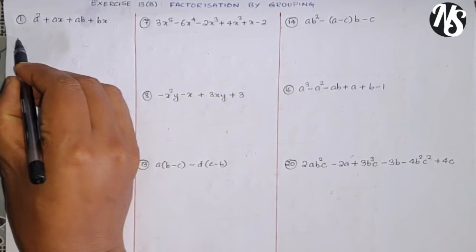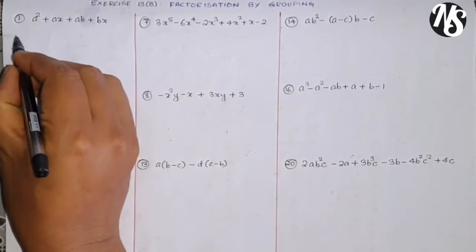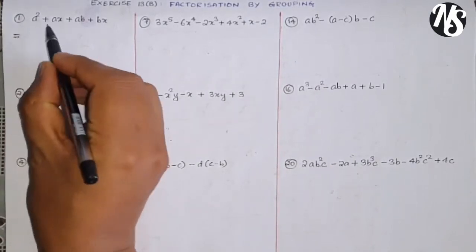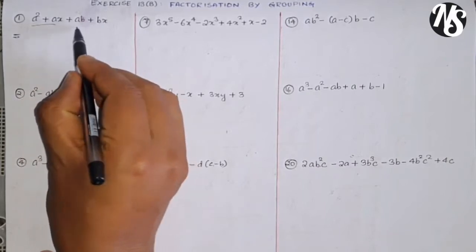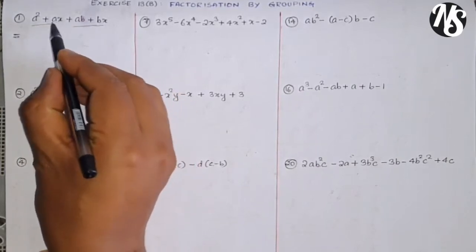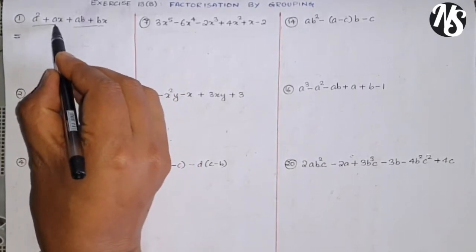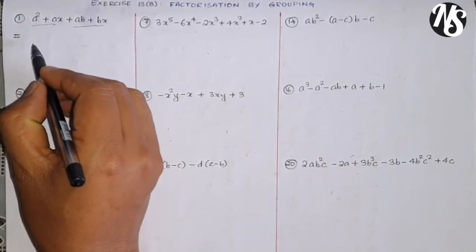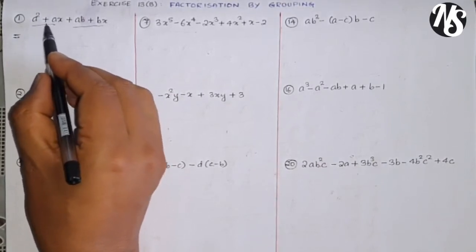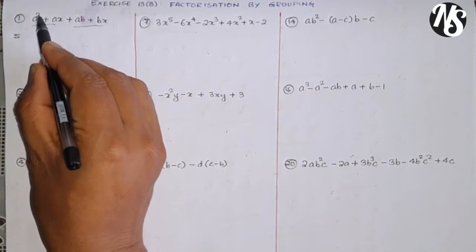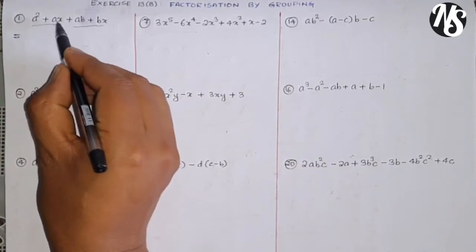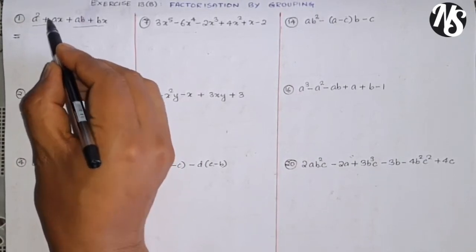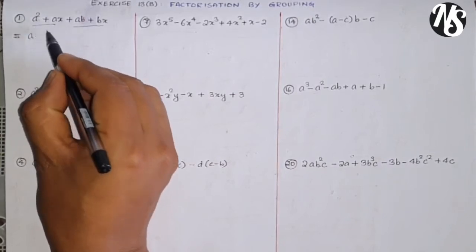So here what we need to do is we will group these two terms and these two terms. Okay, now from the first two, do you see anything common like last time? Yes, a is common. Here we have a square, here we have a, here we have x, but we don't have x here, so just take out a as common.